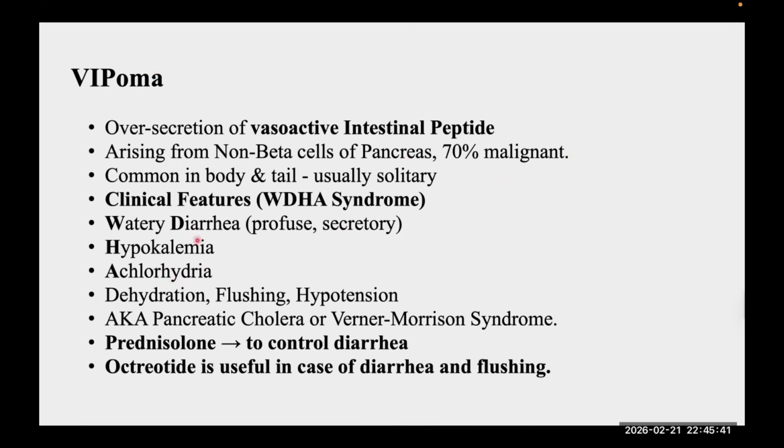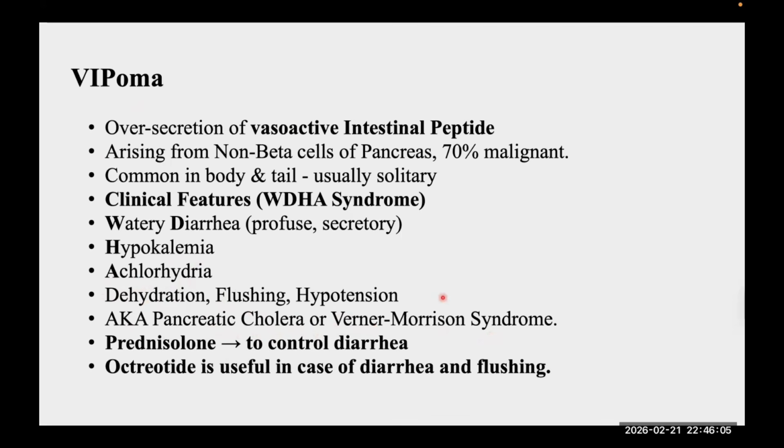WDHA is basically watery diarrhea, because vasoactive intestinal peptide stimulates lots of secretions. So it's going to cause watery diarrhea, hypokalemia because of the diarrhea, basically you're losing potassium, achlorhydria, dehydration, flushing, hypotension. This can also be known as pancreatic cholera or Verner-Morrison syndrome.